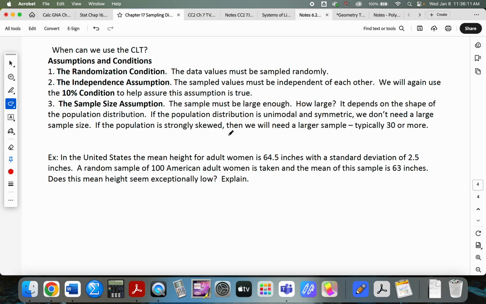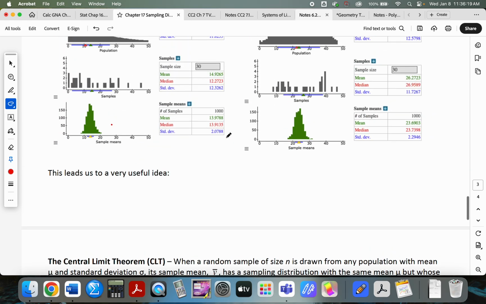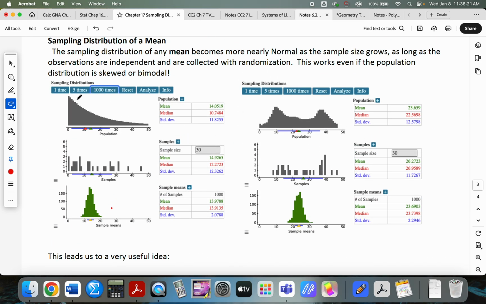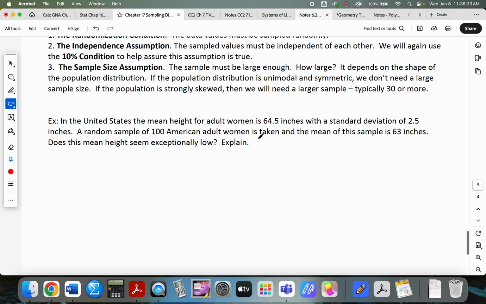Okay, the sample size must be big enough. How big? Well, it really depends on the shape of the population distribution. If this is really badly skewed, like it's got a tail that's over here, you're going to need more. And if it's bimodal, you need more than you would if it weren't.